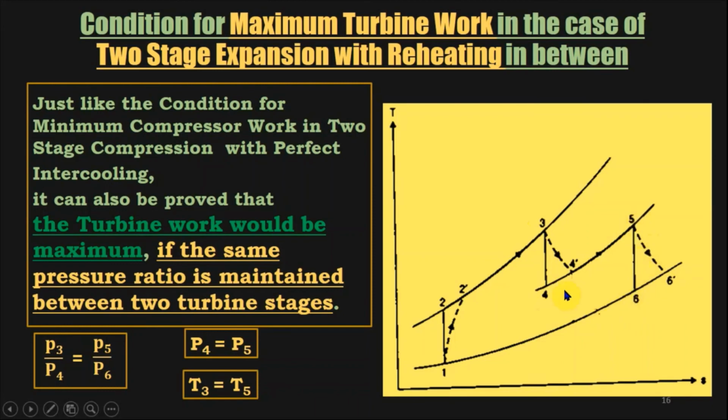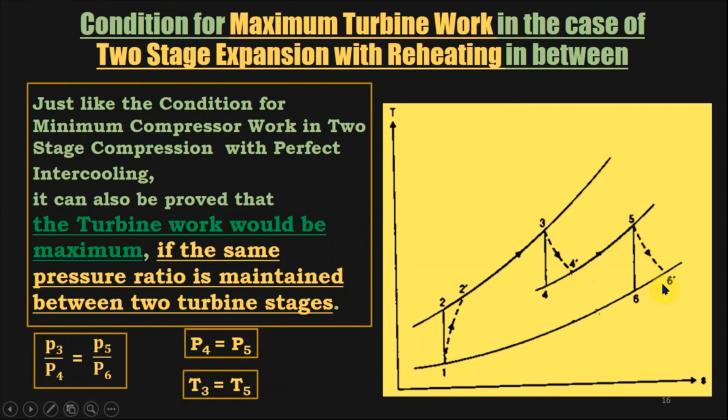If you consider the reheating in between, 4-5, that is the reheating that takes place in the reheater. After the high pressure turbine expansion, the exhaust gas is sent to the reheater where its temperature is raised to T5, and thereafter it is sent to the low pressure turbine for the second stage expansion.